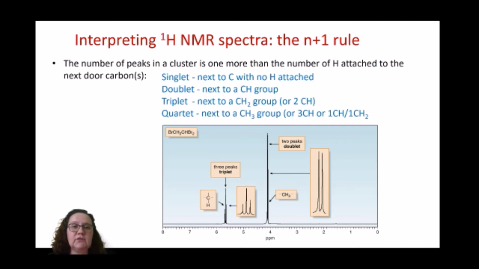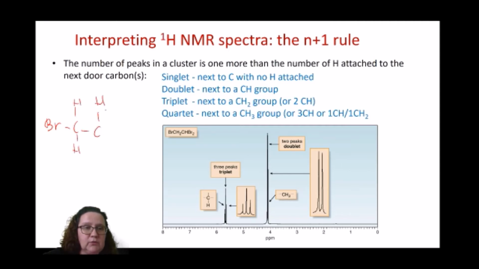Let's have a look at this NMR spectrum and see how it illustrates the splitting. If I draw here the structure of our compound with the CH2, and this carbon that has only 1 hydrogen is attached to 2 bromines.